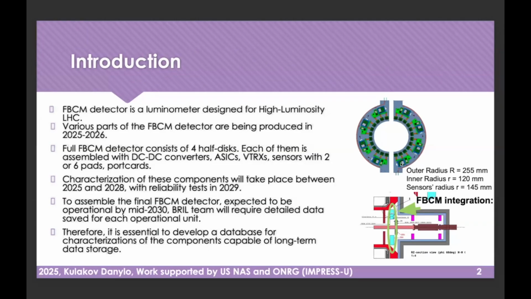Different parts of the detector will be produced this year or next year and will be assembled in 2028. So we need to store all information about the tests on these ASICs and other sensors. People should have an ability to store this data for a long time.